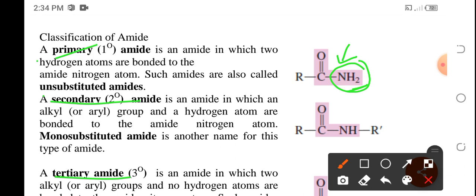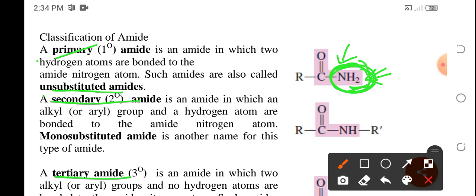And this is called an unsubstituted amide because there is no substituent attached to the amide group. So always bear in mind, for it to be a primary amide, the nitrogen in the amino part of the amide group has no other carbon atoms. Rather, two hydrogens are bonded to that.